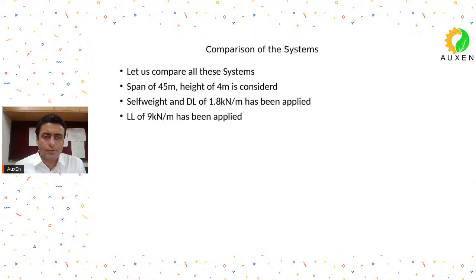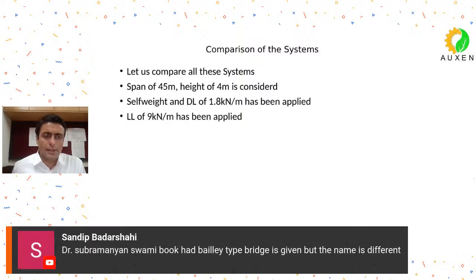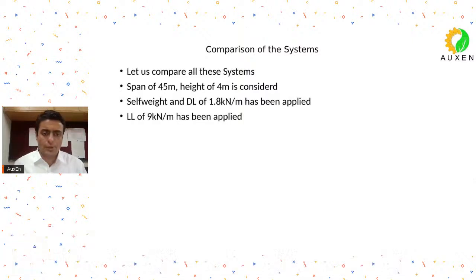In addition to the self-weight, we will take another load of 1.8 kilonewton per meter, and we will also take a live load of 9 kilonewton per meter. So that is what we are going to have for our comparison.